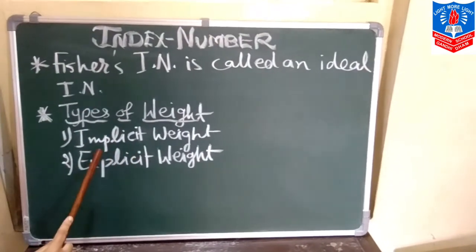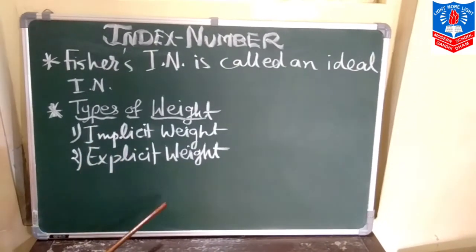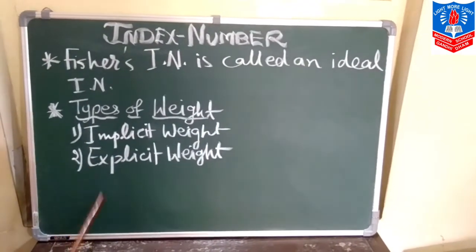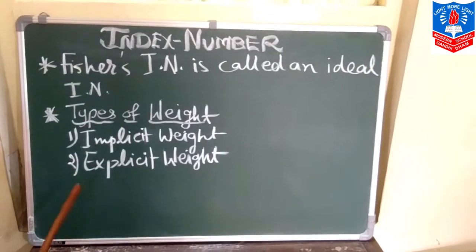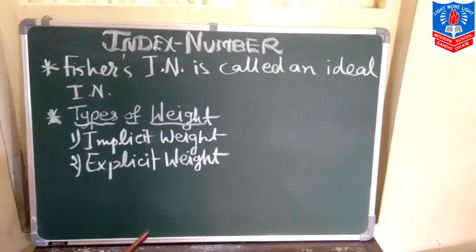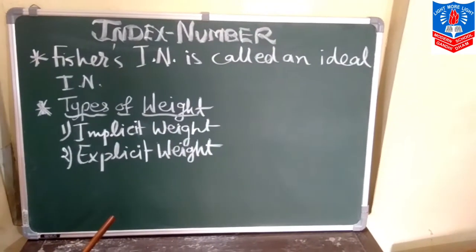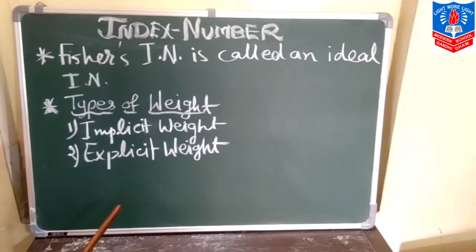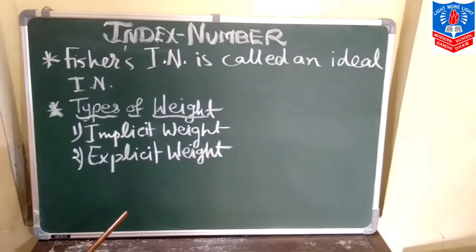According to this method, the weights are determined as per the number of varieties of different items selected in the construction of the index number. This method is called implicit as the weights cannot be accurately quantified.